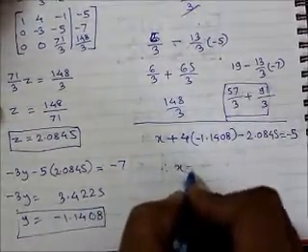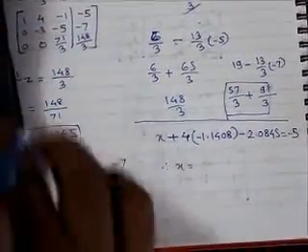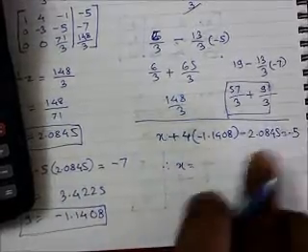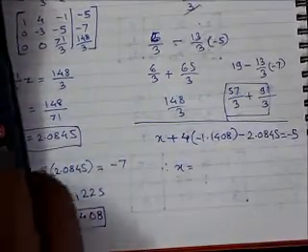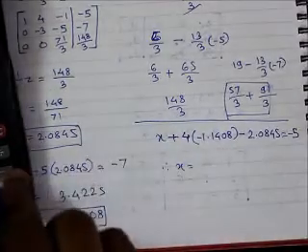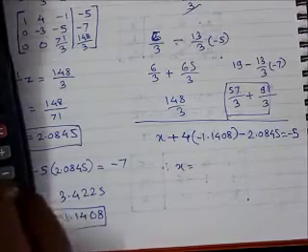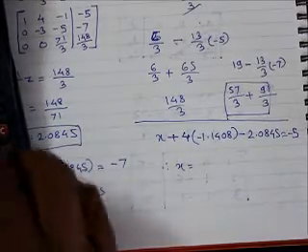Therefore x is going to be equal to minus 5 plus 2.0845 plus 4 into 1.1408.